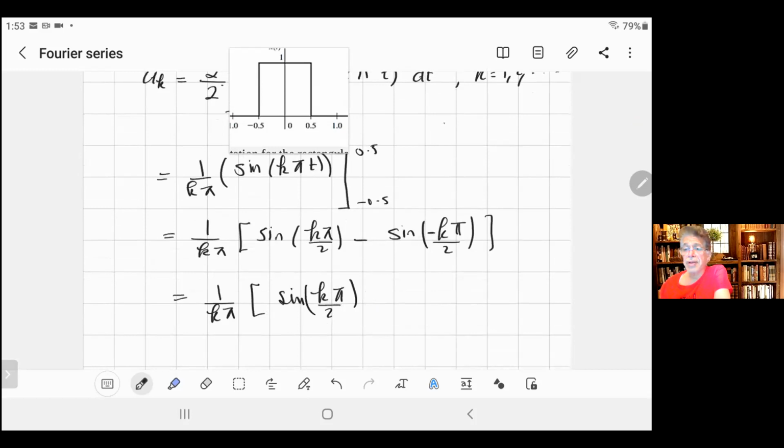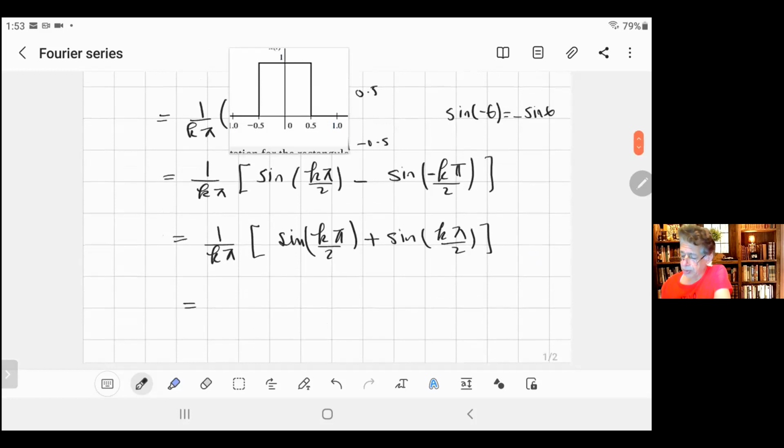You have sine of a negative angle. We know that sine of minus theta is equal to minus sine theta, so this negative can go out, and negative times negative becomes positive, so plus sine k pi over 2. When you add them, you get 2 sine, so you have 2 outside here: 2 over k pi sine k pi over 2. That will be the answer for this part.